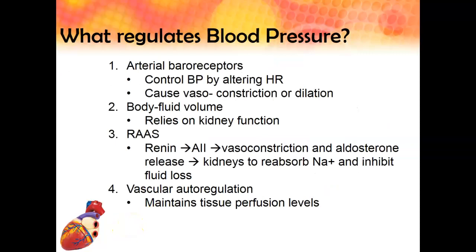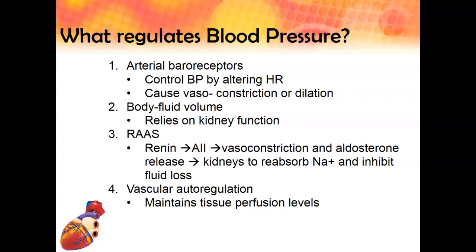When we're looking at what regulates blood pressure, we have arterial baroreceptors that help control blood pressure by altering the heart rate. They can cause vasoconstriction or dilation. Also, your body fluid volume, which relies heavily on kidney function, will dictate blood pressure.